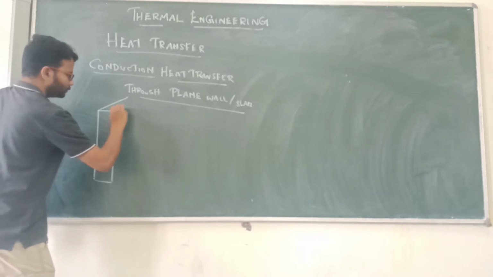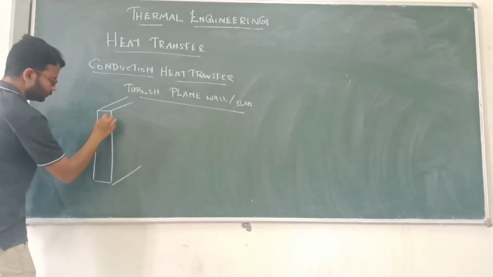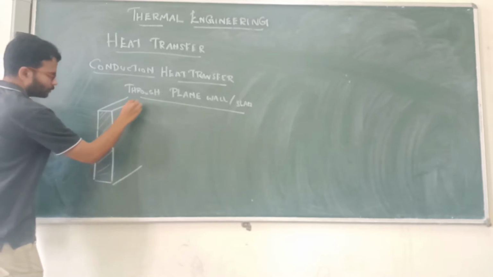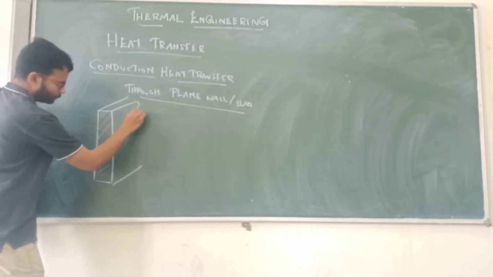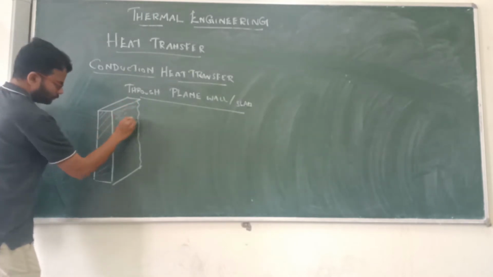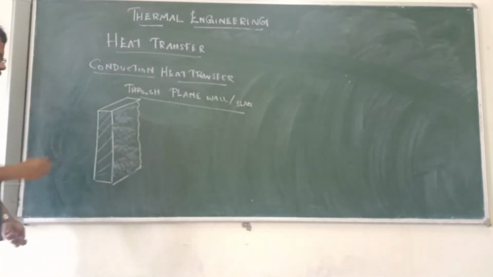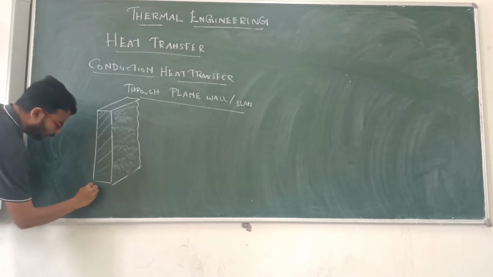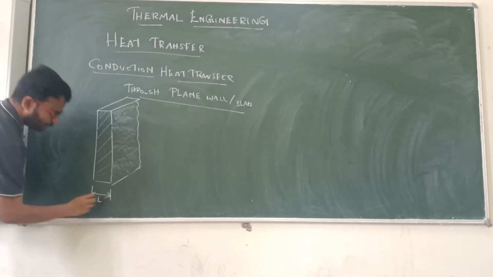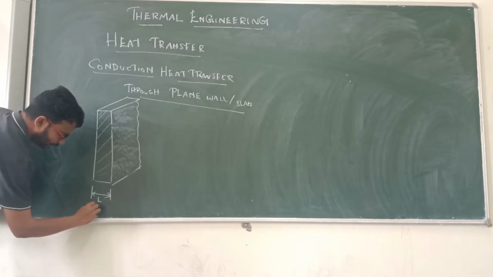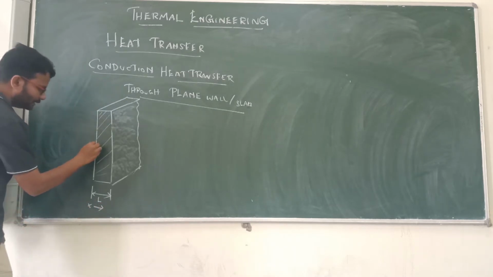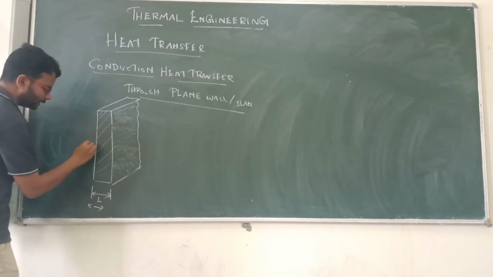This is the plain slab of thickness L, and this is the x-axis. This is one end and this is the other end.